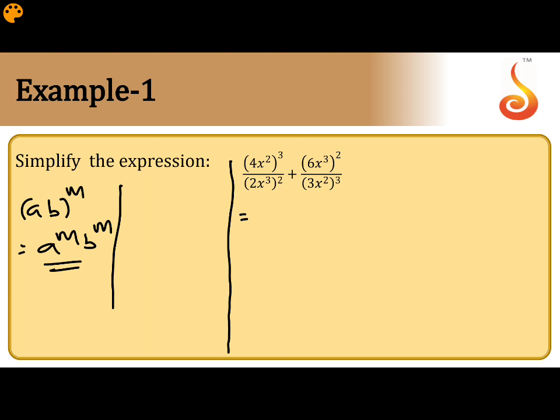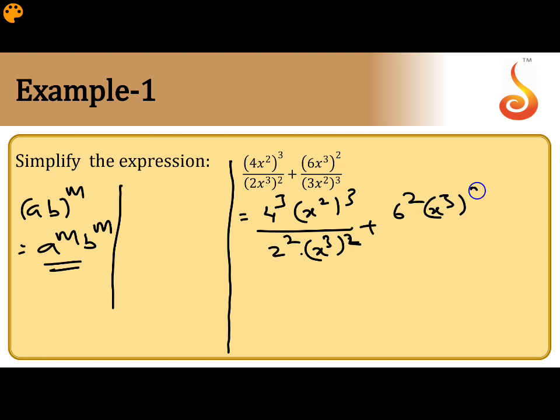So this is equivalent to 4 cube into x square whole cube divided by 2 square into x cube whole square, plus here also same thing, 6 square into x cube whole square divided by 3 cube into x square whole cube.